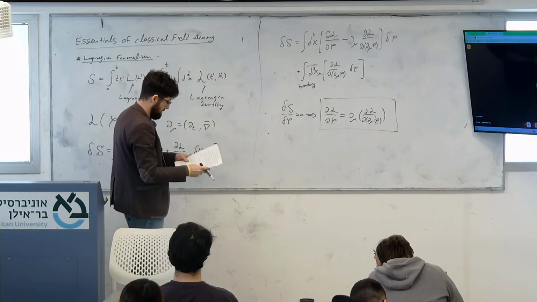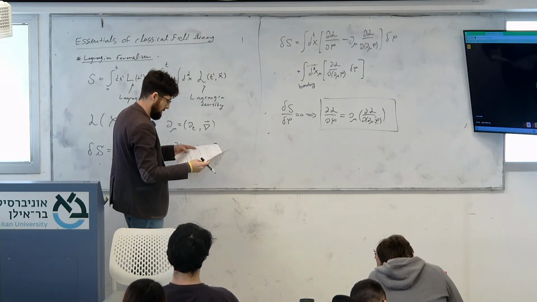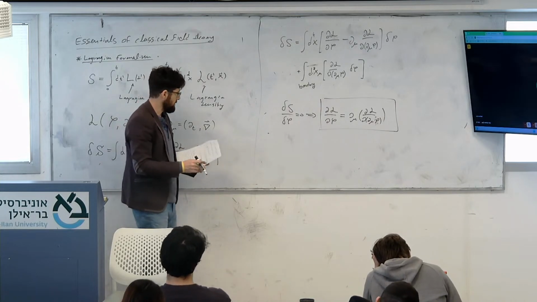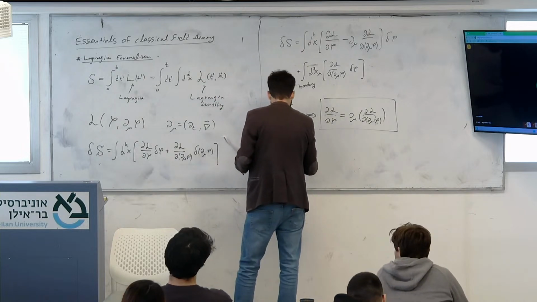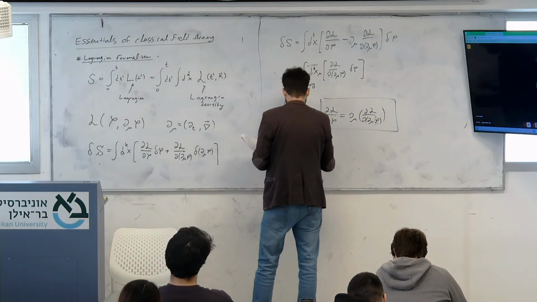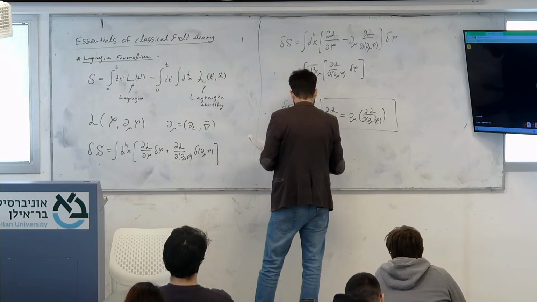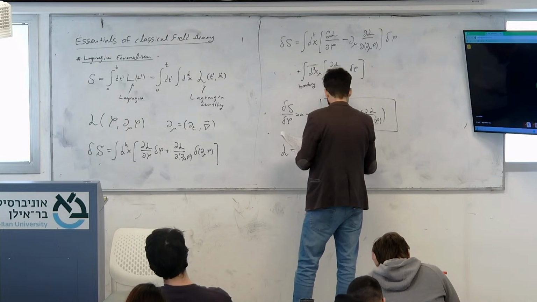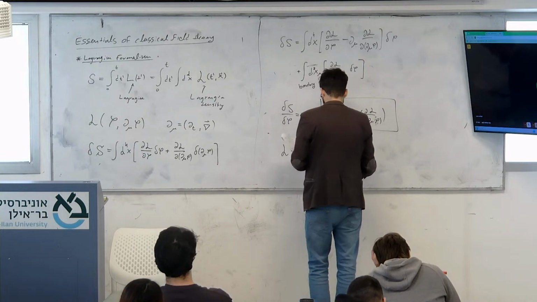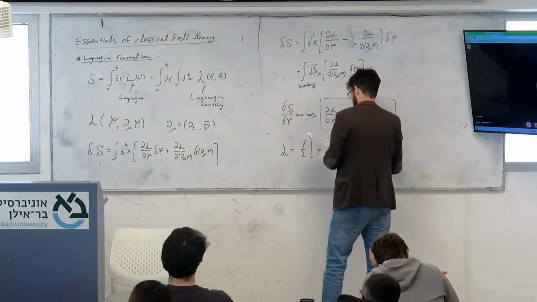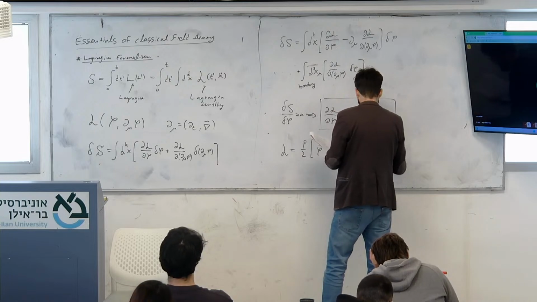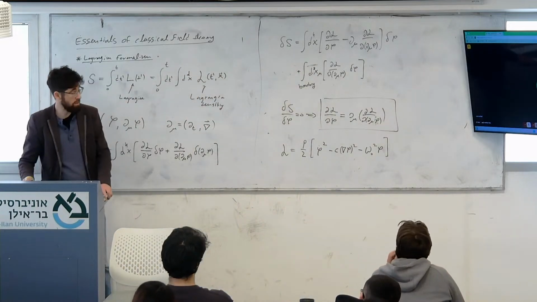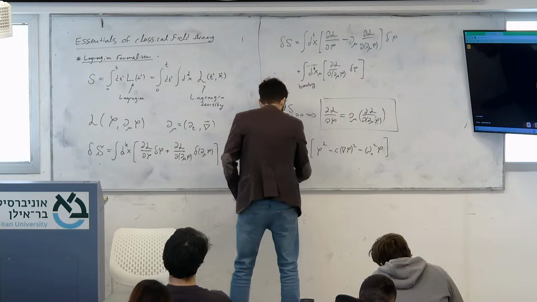Now, maybe we should do a quick example. Let's take L equal to rho over 2 phi dot squared minus C squared (grad phi) squared minus omega naught squared phi squared. And this is the Klein-Gordon field theory.